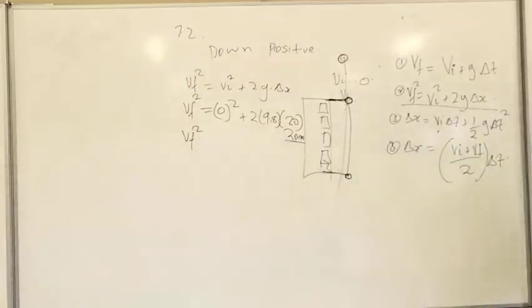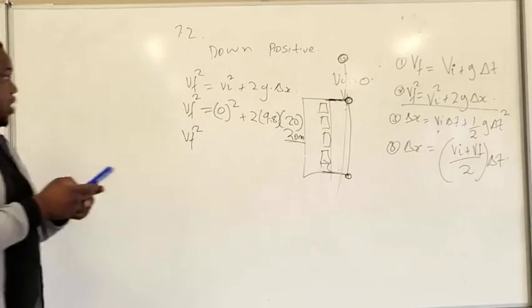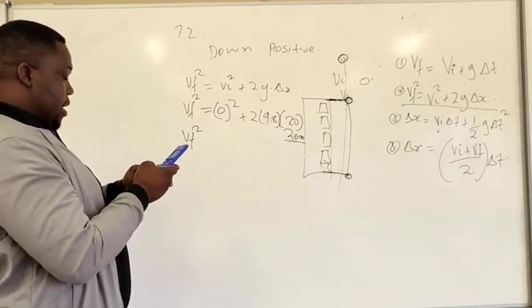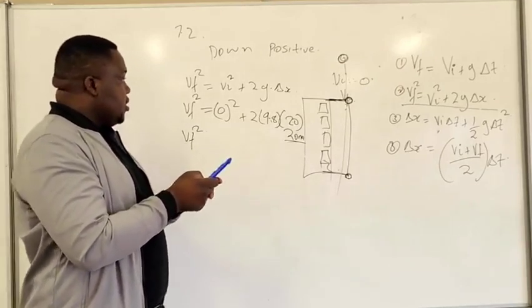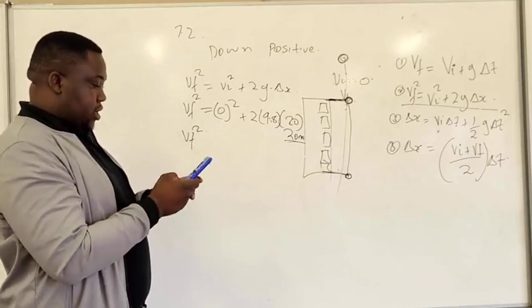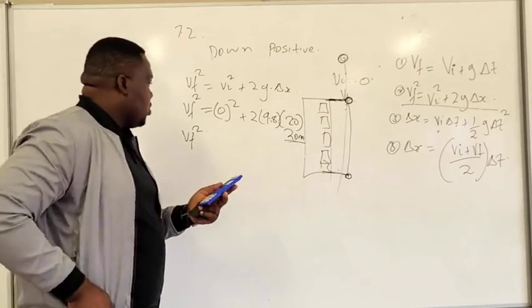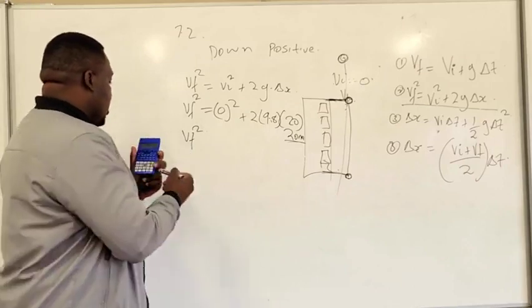Let me check my calculator. Then we will punch on the calculator and see what we get. Then we're going to have 2 multiplied by 9.8 multiplied by 20. You know that already we have the 0 there.